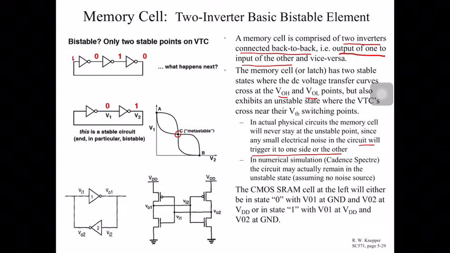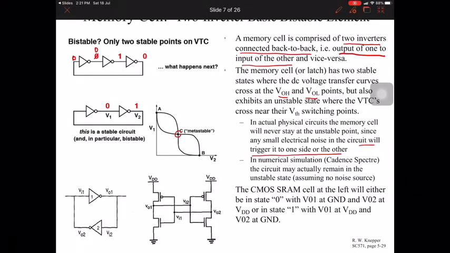For the next inverter, if you have a 0 input, you have a 1, and this 1 will become a 0, and this 0 will come in, and this will become a 1, and so forth.